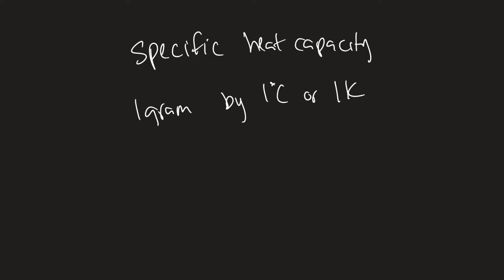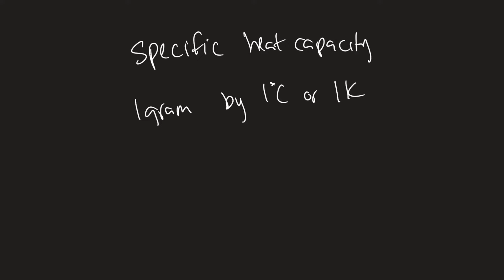Now the specific heat capacity greatly varies from one substance to another. So a substance with a low specific heat capacity will heat up more quickly during a period of time versus a substance that has a higher specific heat capacity.